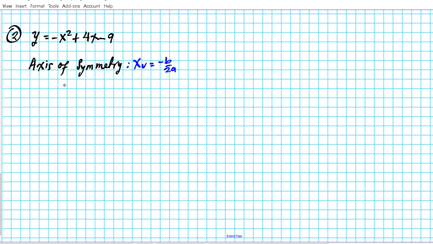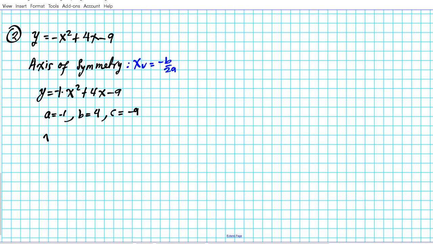Okay? So in this particular problem, let's rewrite it again. y equals negative 1 x squared plus 4x minus 9. a is negative 1, b is 4, and c is negative 9.